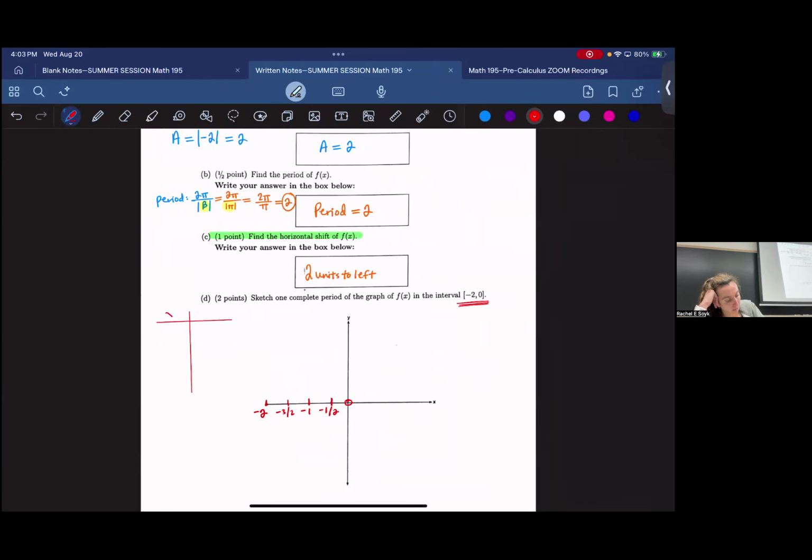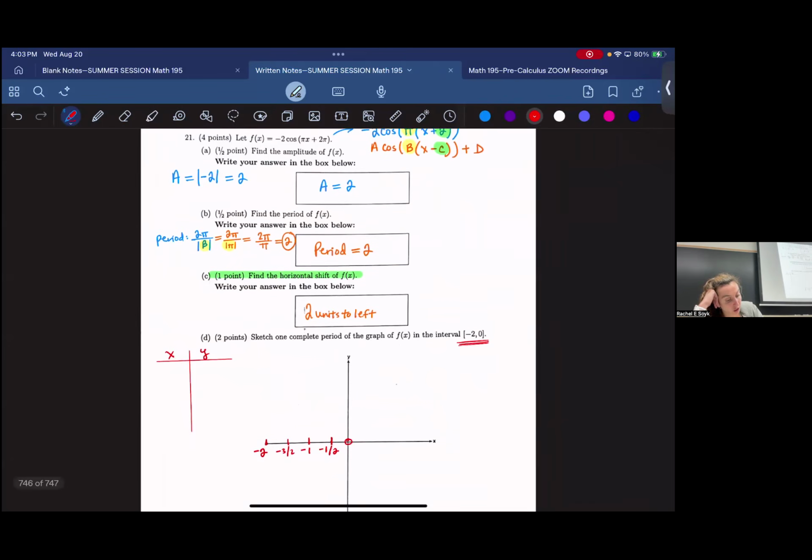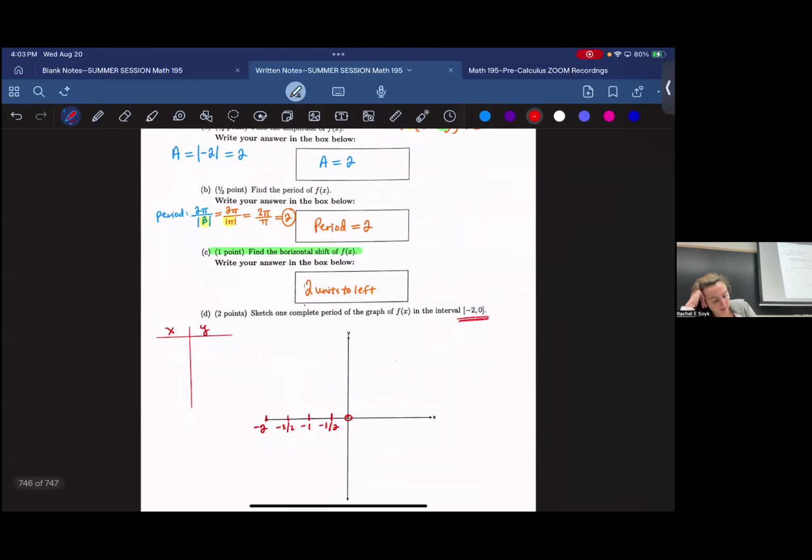We'll plot our midline in a second, which, knowing that there's no vertical shift, what is our midline? Put that in now.